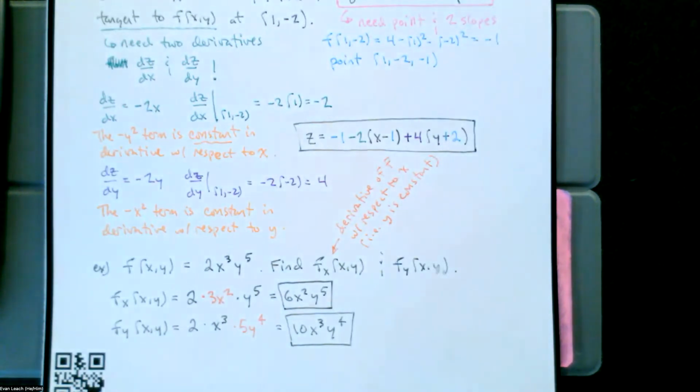The only other thing that we need to note here is that we have the derivative with respect to x and the derivative with respect to y. We call these partial derivatives.